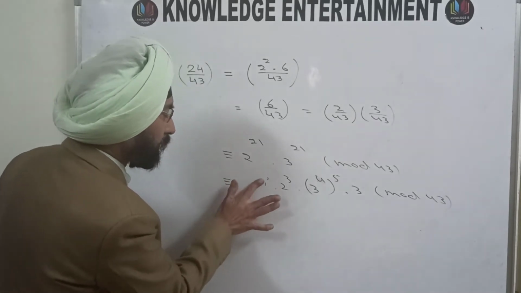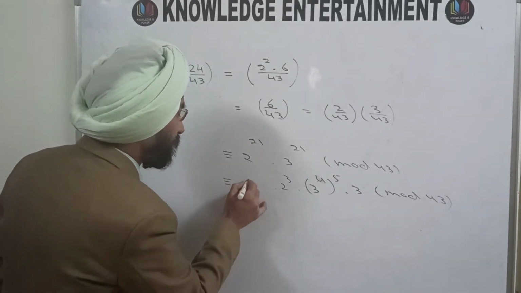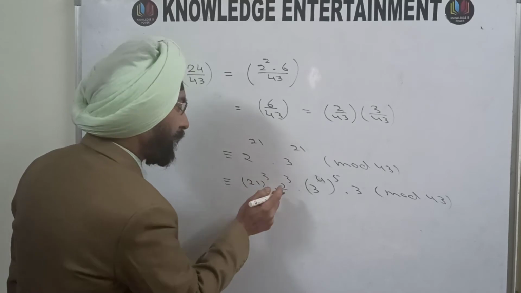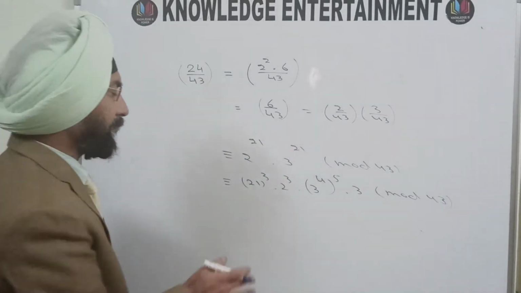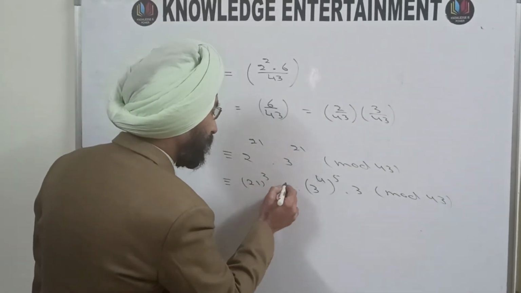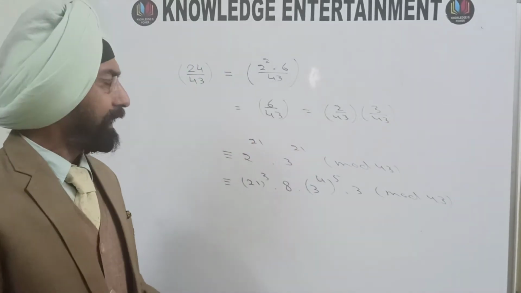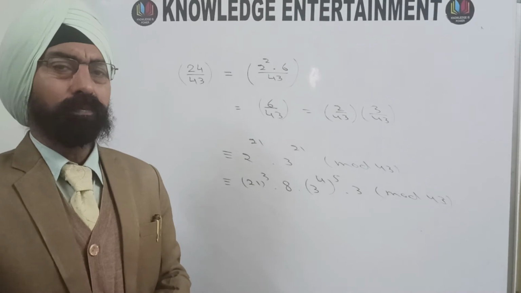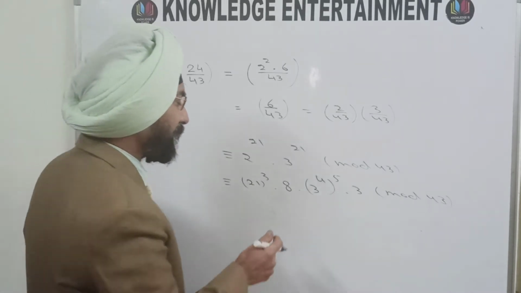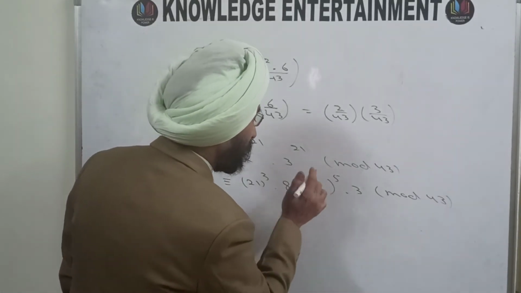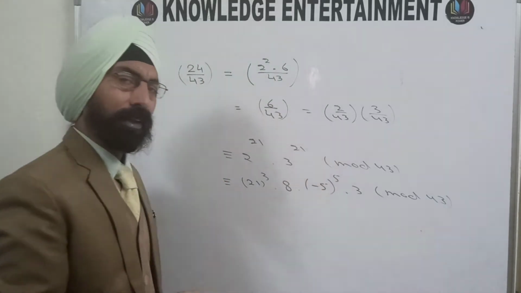So this portion will be 21 cube. And 2 cube is simply 8. So you can have 8 here. Now 3 power 4 is 81, and 81 modulo 43 is congruent to minus 5. So it is minus 5 here, into 3.